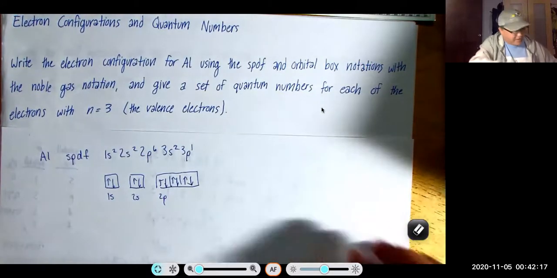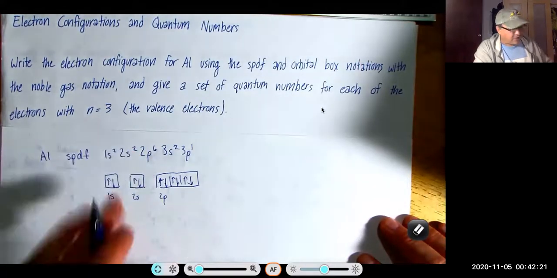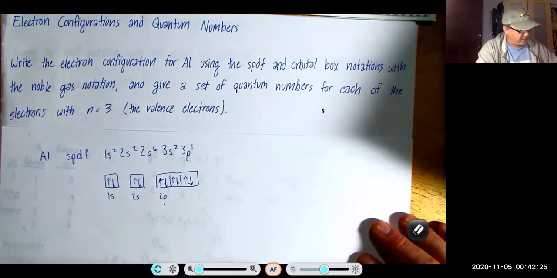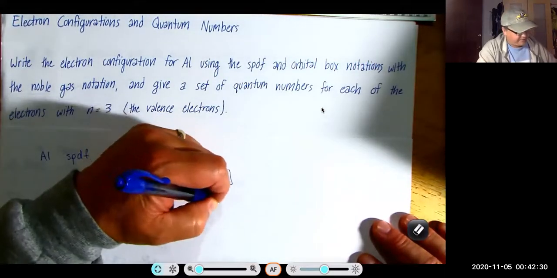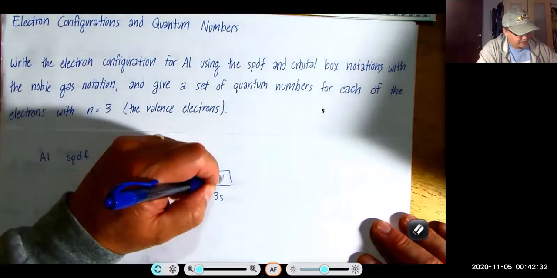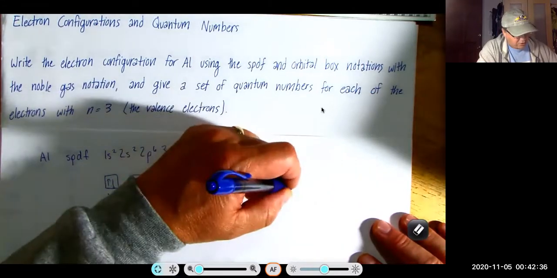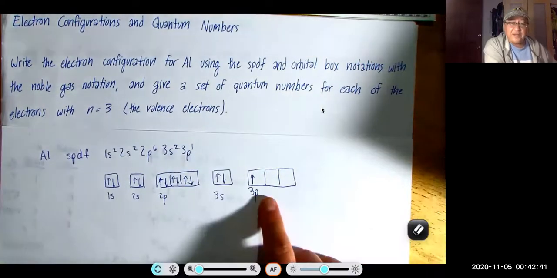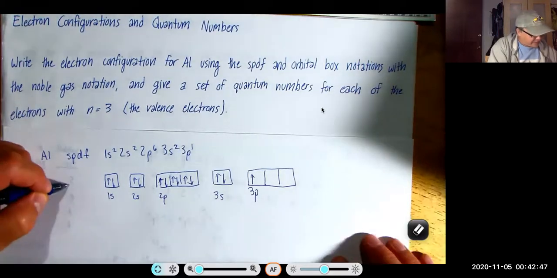Even though I know that this is going to have one up and one down in each one of them because we have 6 electrons, I'm still going to fill it using Hund's rule and put one in an orbital first before I pair them. 3s, 1, 2, and the 3p, even though we only have one electron, we're going to draw all 3 orbitals, and we're going to do that because we can see that the 3p subshell is largely empty. Now, this is the box notation.